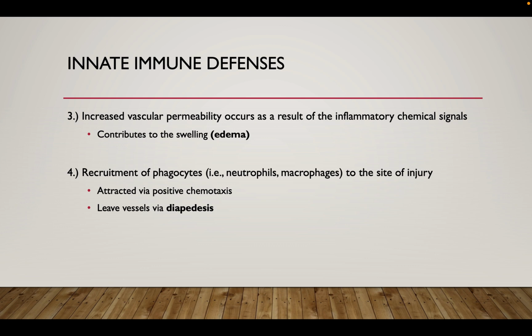Okay. Now, this term diapedesis, this has to do with how the cell is leaving the vessel. So the cells of the vessel will move apart slightly, and these cells will essentially squeeze through and push their way through these cells, and then they can enter into the tissue space to perform phagocytosis.